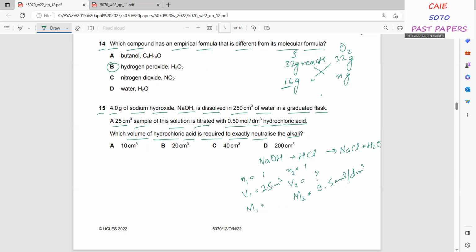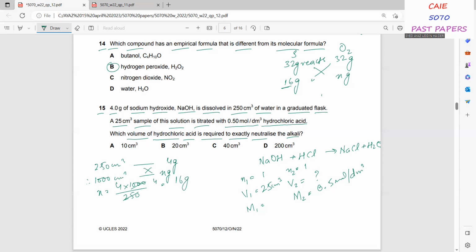So first we need to calculate the mass of sodium hydroxide and convert that mass into moles. 250 cm³ needs 4 grams, therefore 1000 cm³ requires X grams of NaOH. So X is equal to 4 multiplied by 1000 and divided by 250. 4 fours are 16, so 16 grams is required.